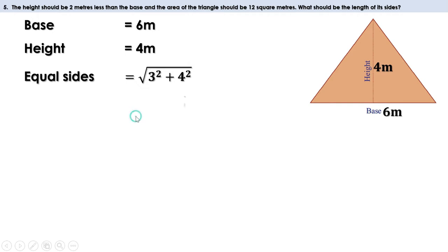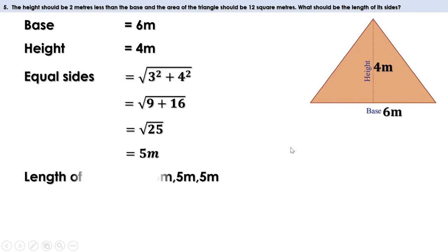So we can write this as root of 9 plus 16. 9 plus 16 is 25. So this can be written as root of 25, and root of 25 is 5. Therefore, this length is 5 meters. Hence, this length is also 5 meters because they are equal. Now, the sides of the triangle are 6 meters, 5 meters and 5 meters.